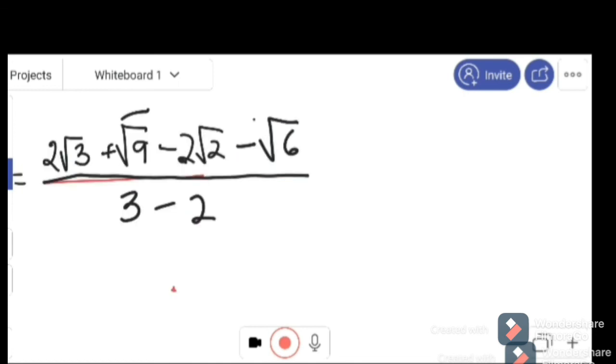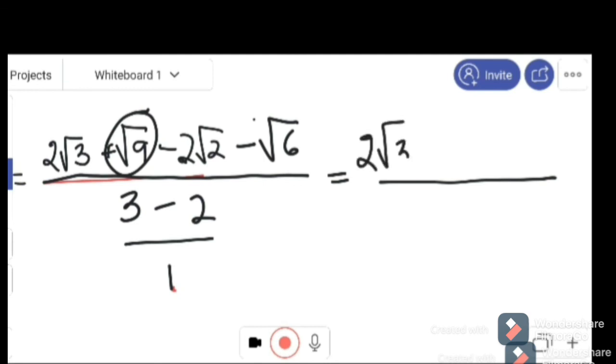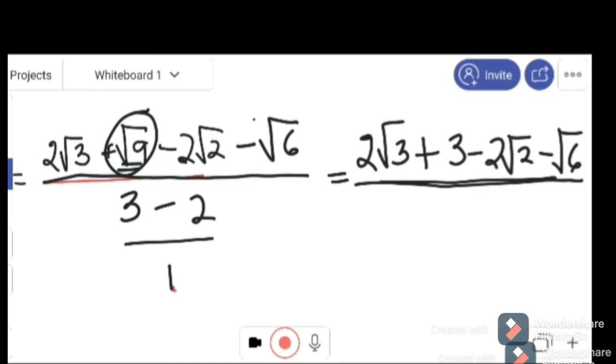So this is equal to 1. So there's no more new denominator since it is already over 1. Now we have the numerator, 2 square root of 3 plus the square root of 9 is 3 minus 2 square root of 2 minus the square root of 6. This is our final answer.